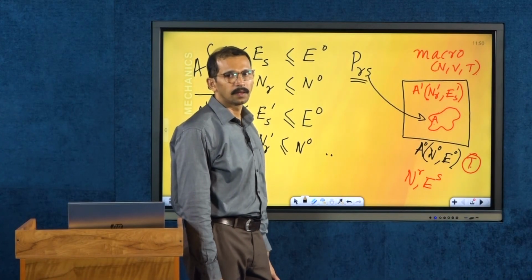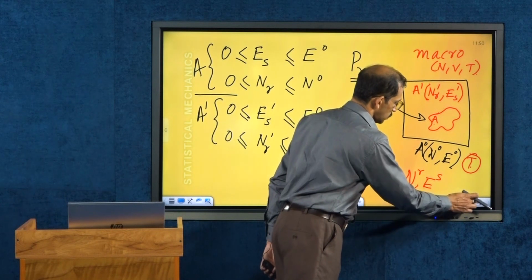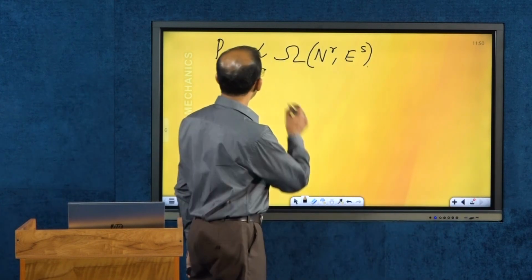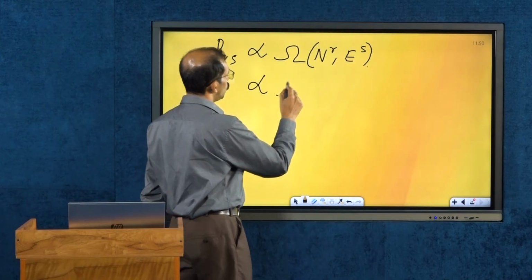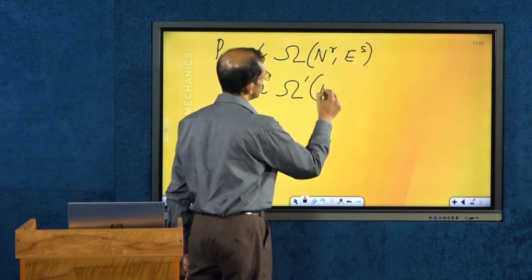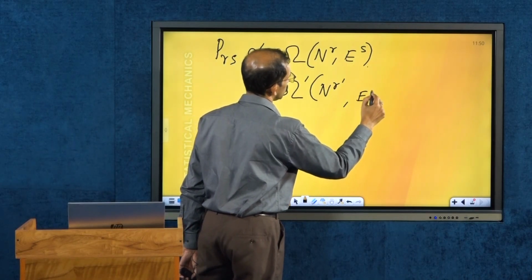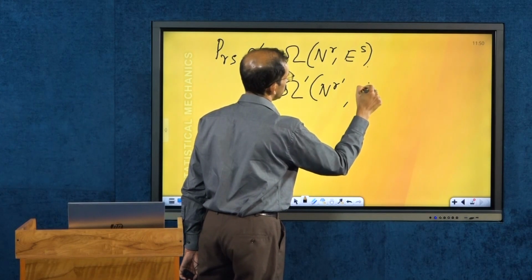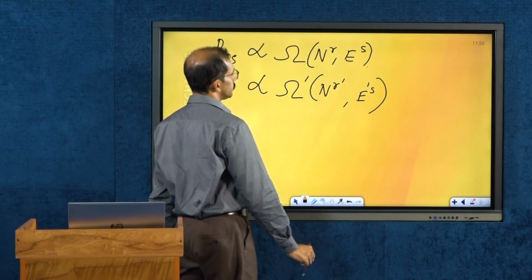Now, therefore, I can write this proportionality as actually proportional to omega dash N_R' E_S', right.